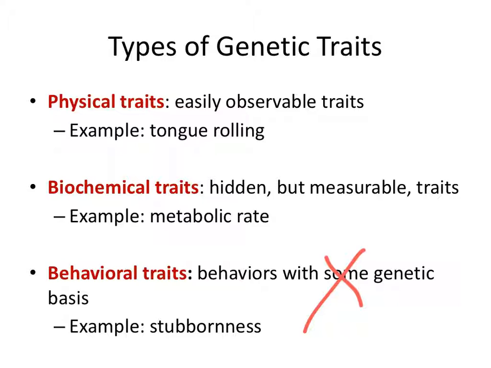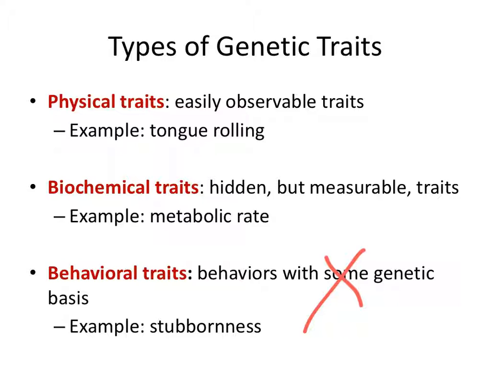It says here, behavioral traits, behaviors with some genetic basis. Well, I would say no. Behavior is just like biochemical, just like physical. The only reason that they're saying behavioral basis is genetic, well, first of all, traits generally have a genetic and an environmental basis in that the genes interact with the environment and produce a protein with certain traits.